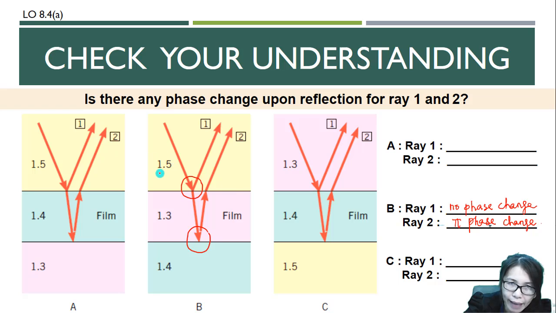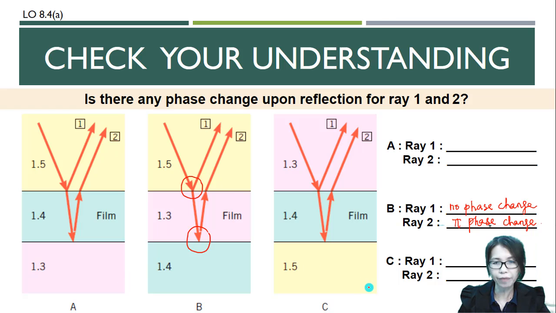Kalau yang ni denser, less dense, so no phase change. Kalau sini less dense, denser, so there is a phase change for ray 2. Jelas? Alright, so you might try on your own after you finish this video for figure A and figure C.